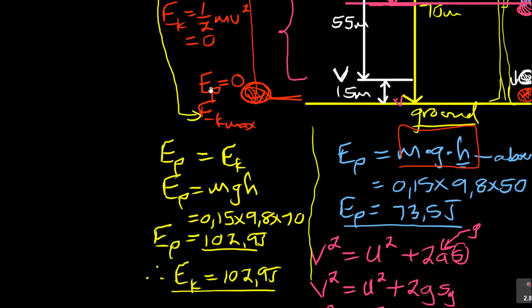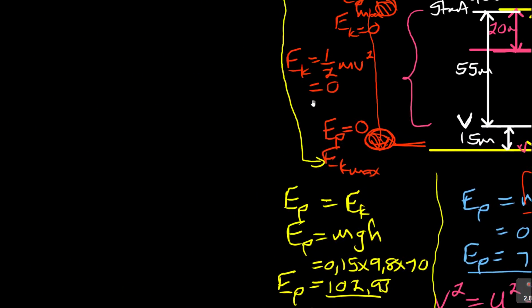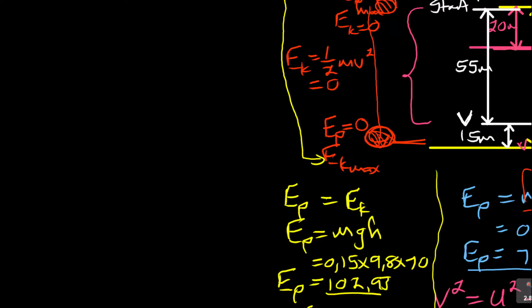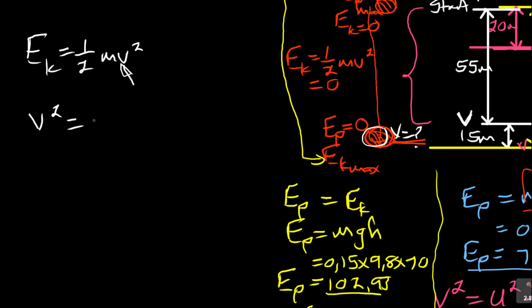But let's say, for argument's sake, you want to go another route, whereby you say, okay, I know the formula EK is half mv squared. Let's say I wanted to stick to the formula, meaning you need to find the velocity here. To find the velocity, you go back to that formula. v squared is equal to u squared plus 2as.